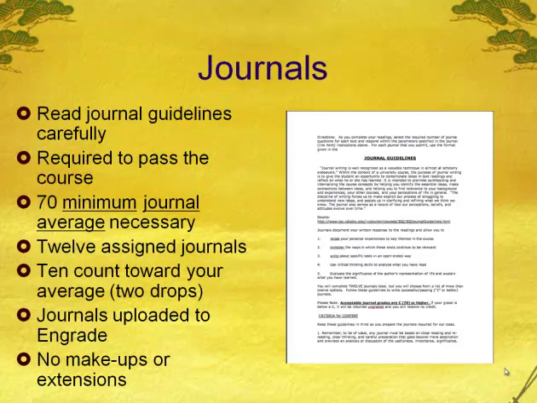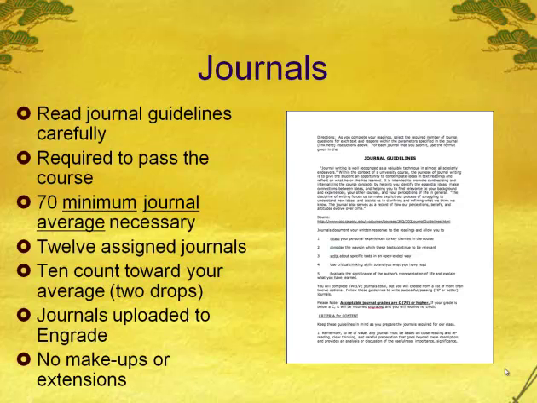Now, the journal guidelines are very, very specific, and for journals, you have to get a 70 in order to pass. So the passing grades are 70 and above. If it's below 70, it's going to be kicked back to you with no credit. So you have to reach at least a 70 on your journal in order for it to be passing, and you need a 70 average.